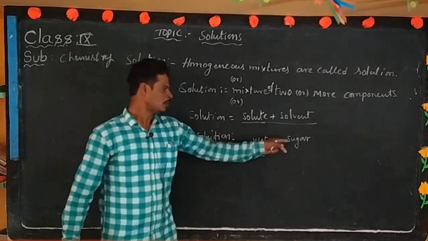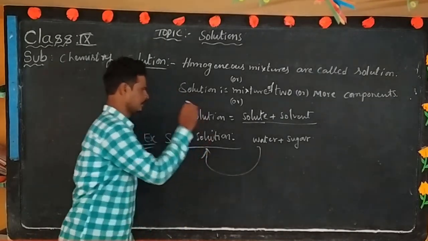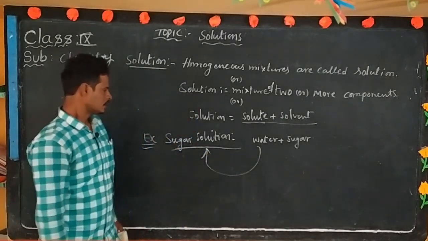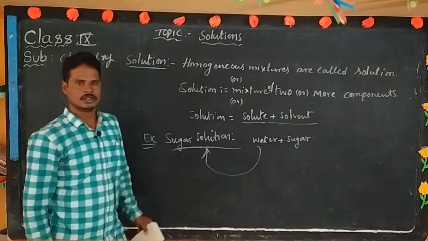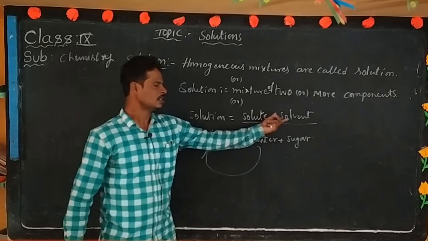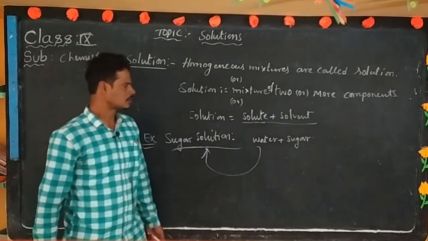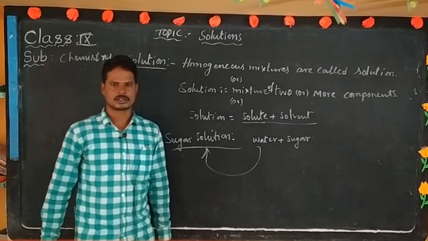Here some amount of sugar is dissolved in water, and we prepared a sugar solution. So this is the solution. A solution contains two or more components: solute one, solvent one. So in the sugar solution, what is the solute, what is the solvent?